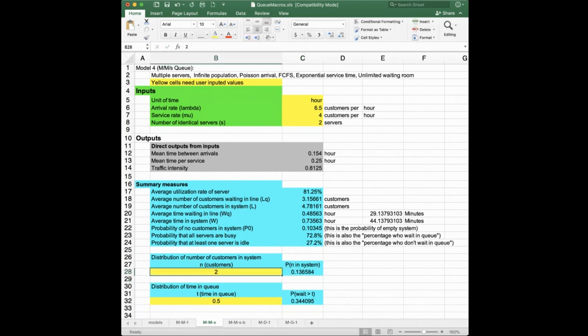So P sub 0 is 103 as calculated. And then we calculate L sub Q. There's a little rounding error here. That's an error on our part, but it's 3.15, remember? And then finally, W sub Q. Here's the 4.8 hours, or 29 minutes.